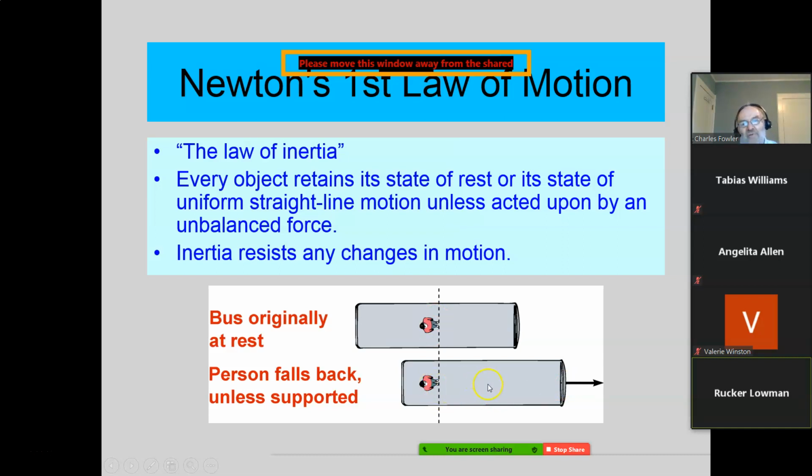The bus pulls you along, increasing you from the 0 speed to whatever the final speed is. Same thing if you're hanging on to the bus and it came to a stop, rather than being thrown forward, it is changing your motion. There are unbalanced forces then, and they change the motion, changing velocity.